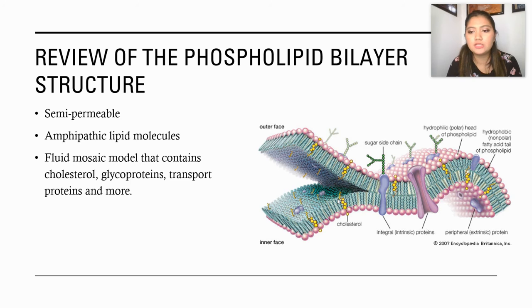We have glycoproteins, we have transport proteins, which again is going to be the focus of our talk today, and a little bit of everything, right? It is a fluid membrane, which means that the phospholipids, proteins and cholesterol can move around. They're not cemented in one area.